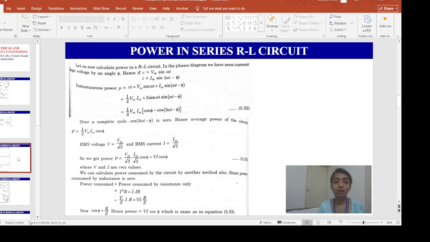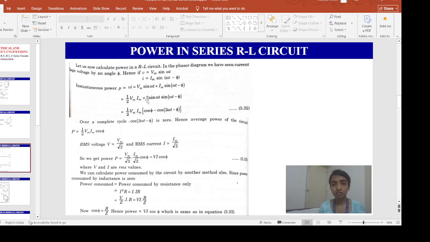Now, what will be my instantaneous power? Power p is simply the multiplication of vi, which is Vm sin omega t multiplied by Im sin(omega t minus phi).